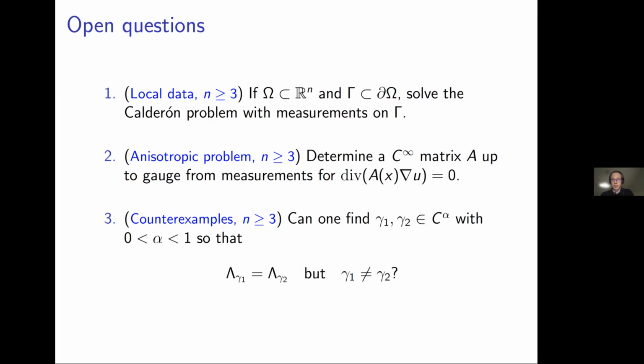So that's a big open question. And related to this optimal regularity, one could ask for counterexamples in dimension 3 and higher. Can you find two Hölder continuous conductivities so that they have exactly the same boundary measurements, but they are not identically the same? So these questions remain open.